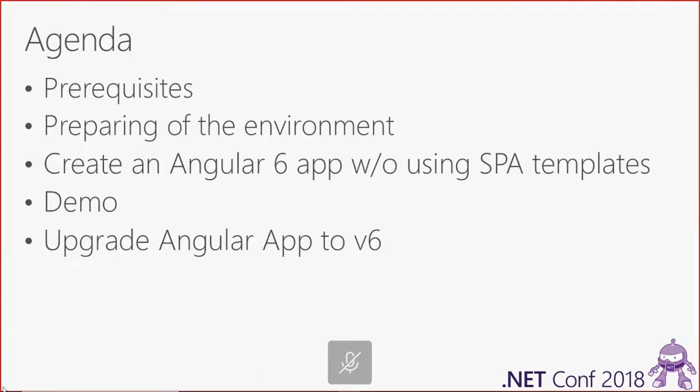We will also look at how you can do the same with the .NET CLI command. First, we will look at my demo project and analyze the structure of the solution and what I have chosen to develop it. By the end of the session, we will talk a bit about upgrading an Angular app to the 6th version.